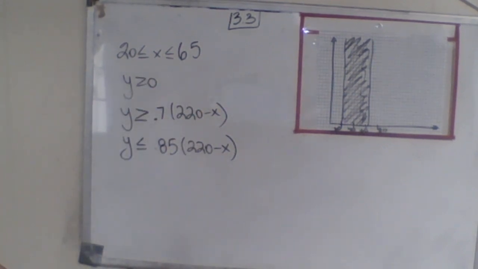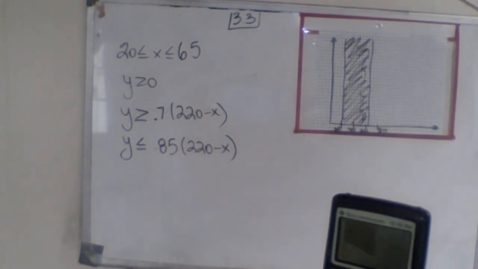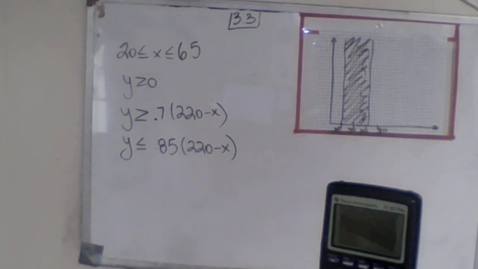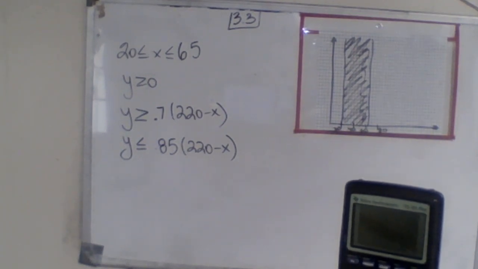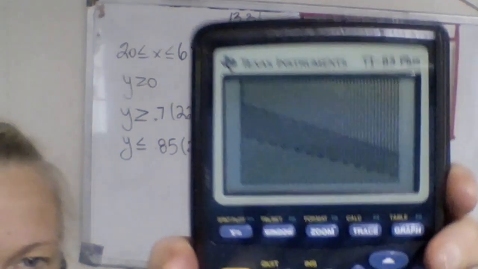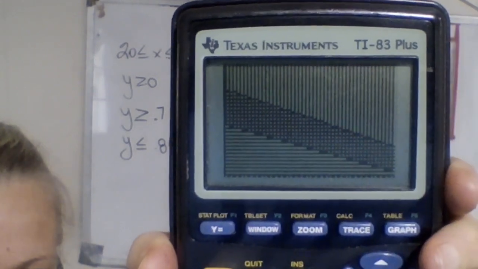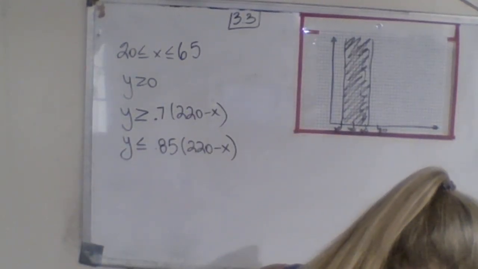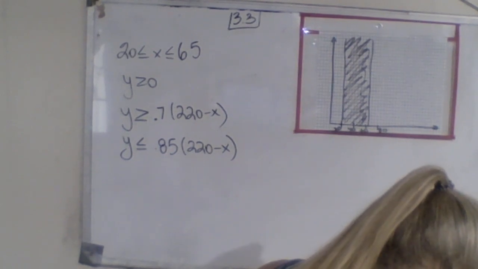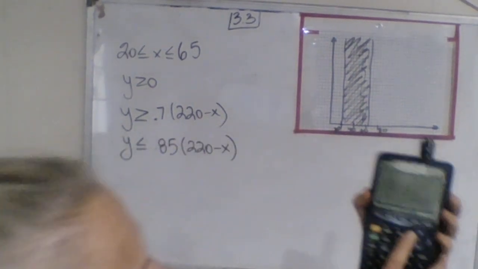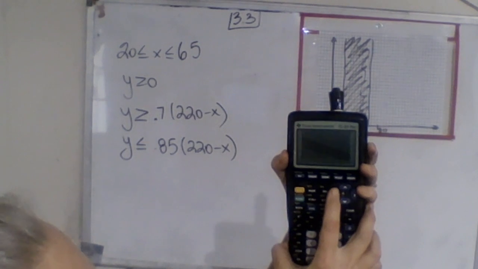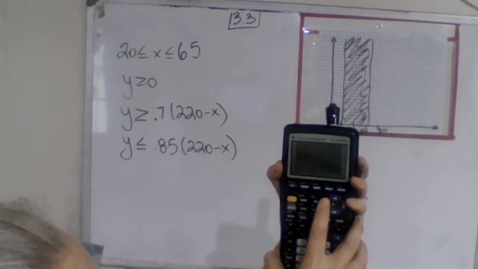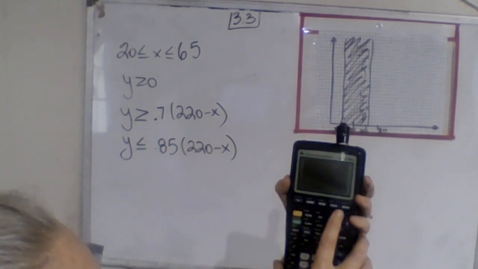And now I'm going to hit graph. And here is my wonderful graph that I'm looking for. When you see it overlapping, you're going to notice that I have a place where it overlaps, right? So now I can look at those x and y's. If you need to know where you start, you have to move your little dot until my x becomes 10, whatever my x is.